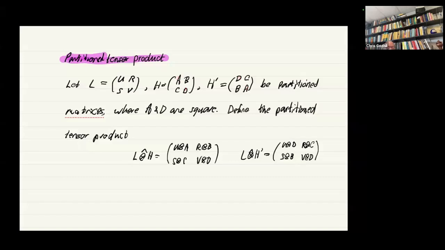And we define the partition tensor product. Its product is kind of a cross between the tensor product and the Schur product. So we have these two matrices.